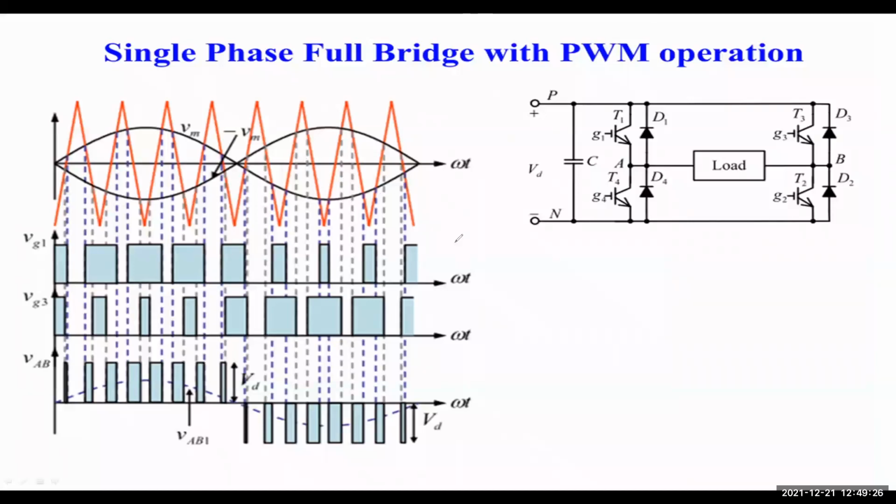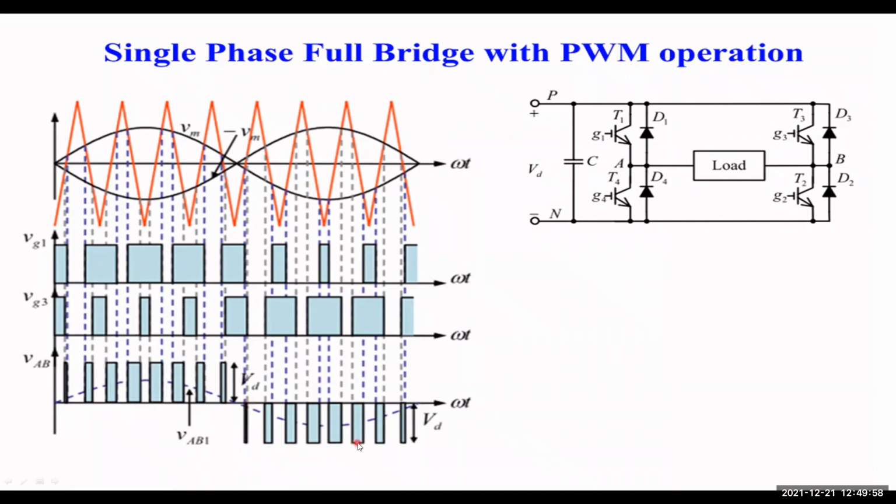So this is called unipolar operation. In this single phase full bridge inverter, unipolar operation means that for the positive half cycle, with the reference signal on the positive side, we get only 0 and plus VD, that is, 0 voltage and plus VD voltage. For the negative half cycle, we get 0 and minus VD.